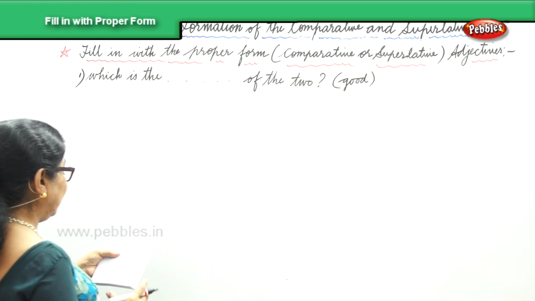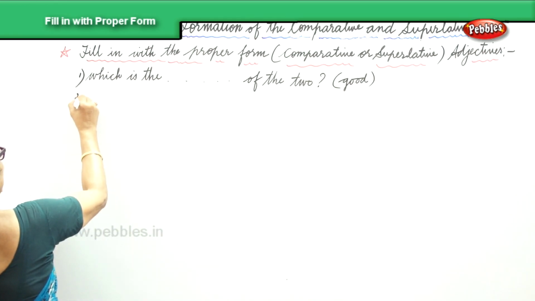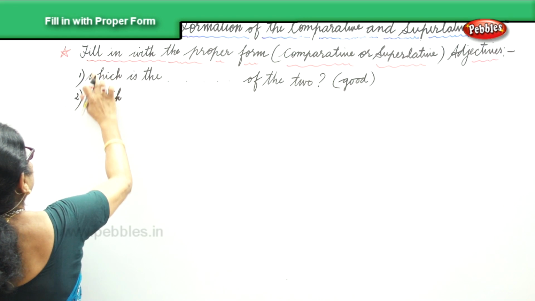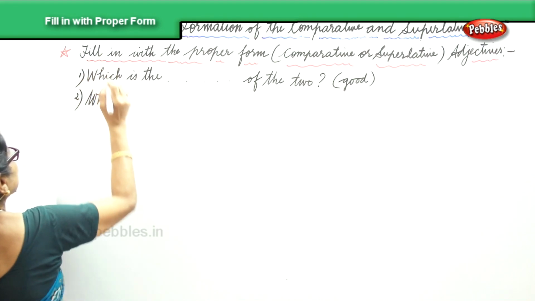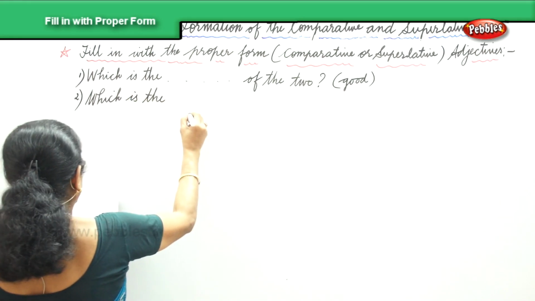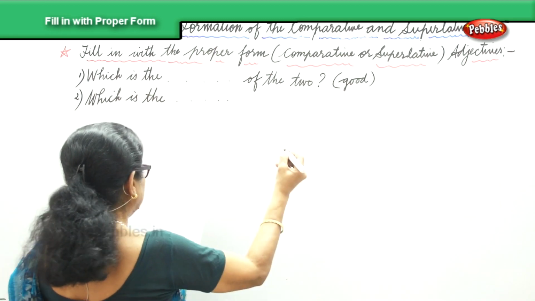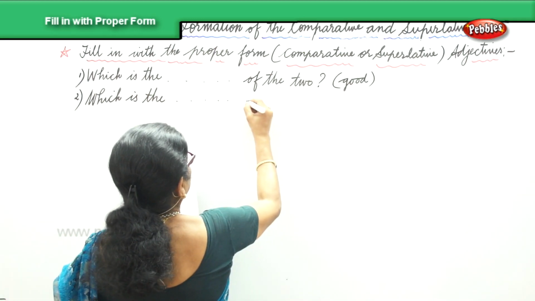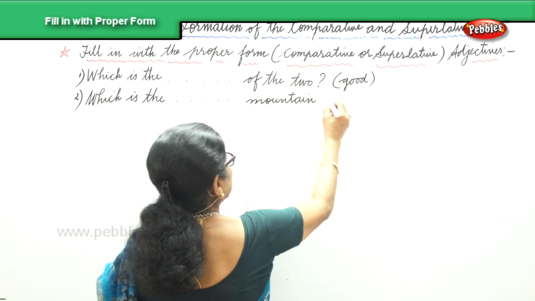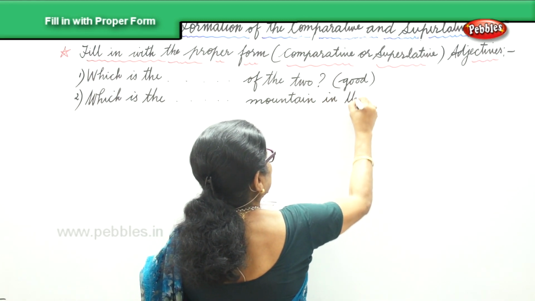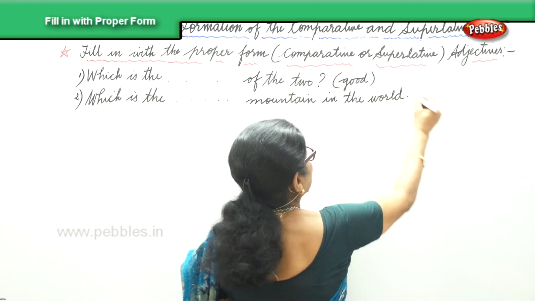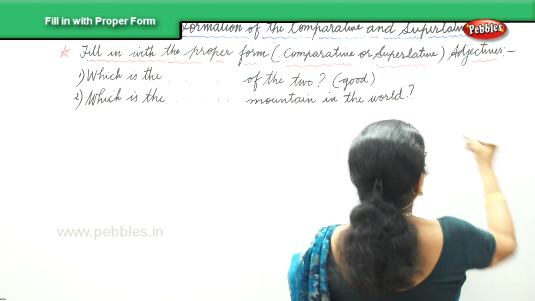Second one: which is the dash mountain in the world, and the word given is high.